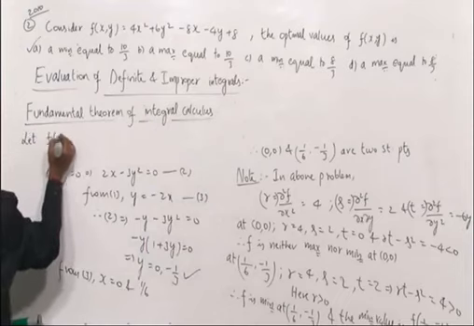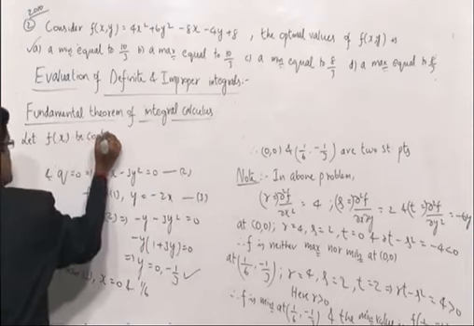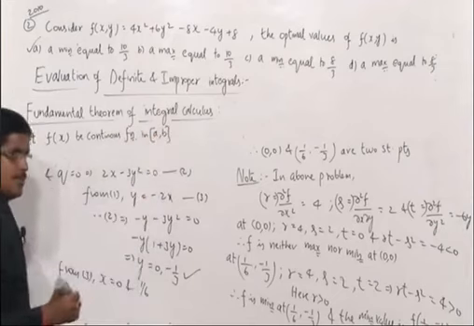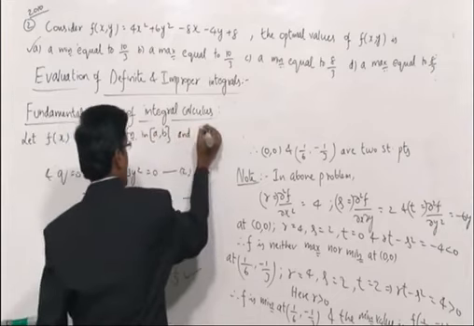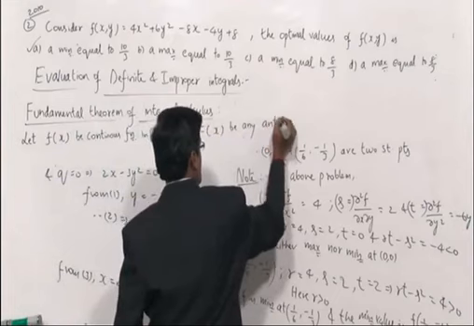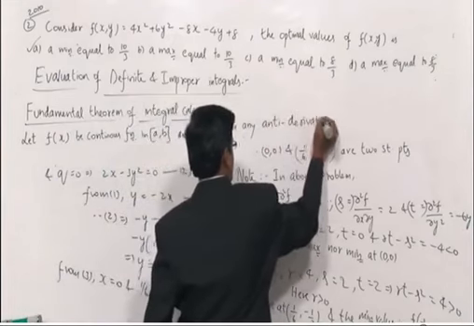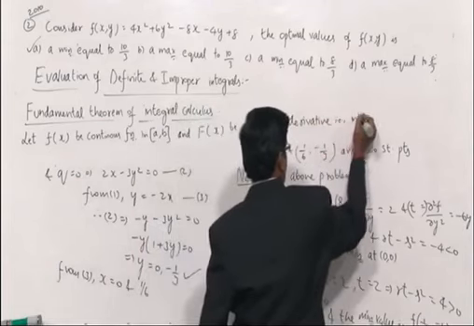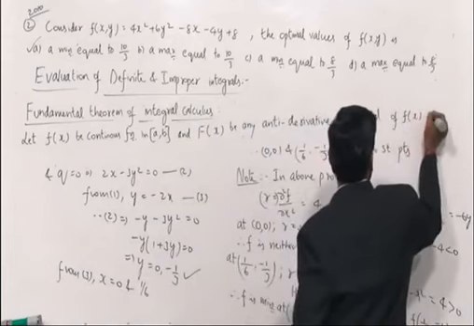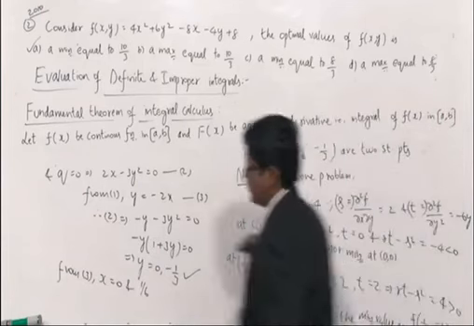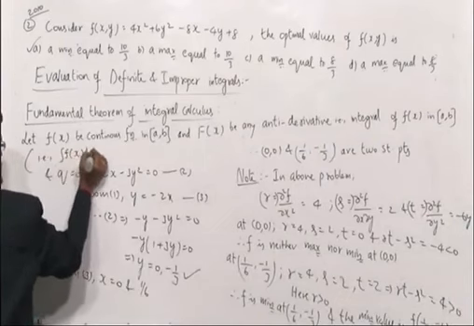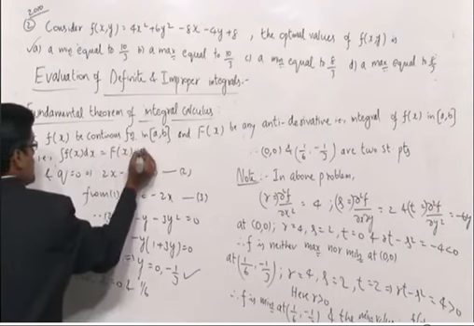Let f of x be a continuous function in closed interval a comma b, and capital F of x be any antiderivative, that is, in brackets, integral f of x dx equal to capital F of x plus c.